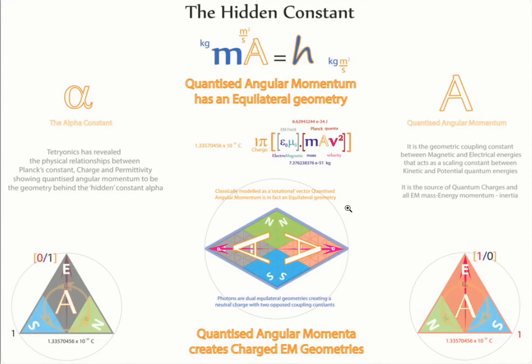Looking closely at Planck's constant, as we've said, mass alpha is Planck's constant, kilograms quantized angular momentum. All energy has an equilateral geometry, and it's the geometry that gives us quantized angular momentum. That is to say, quantized angular momentum is equilateral geometry. It is also the alpha constant.